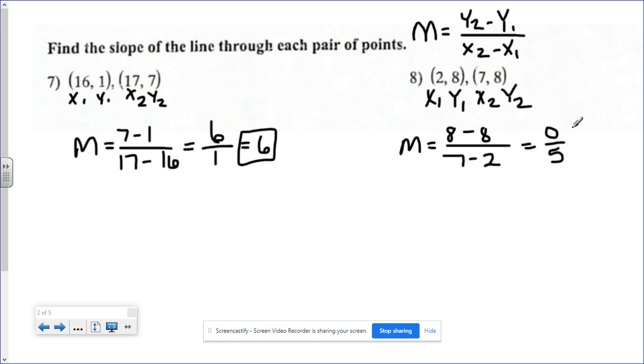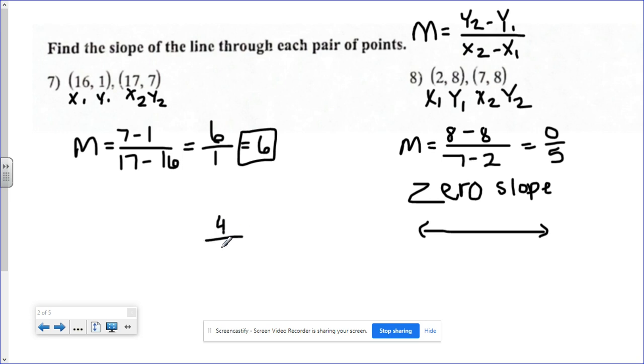If you guys have a 0 on the top of your fraction, this is an example of 0 slope. If the 0 is on the top, that means this is 0 slope. That means this line is going to be horizontal. You're not going to be able to walk up or down the line. It's just got no slope at all. Now, on the opposite of that, if you get something that is like 4 over 0, so the 0 is on the bottom, that is called undefined.